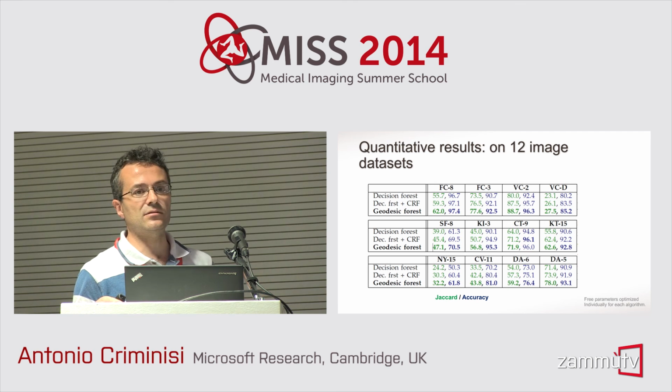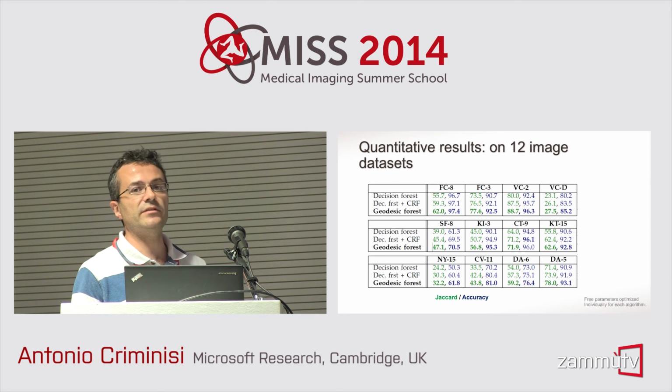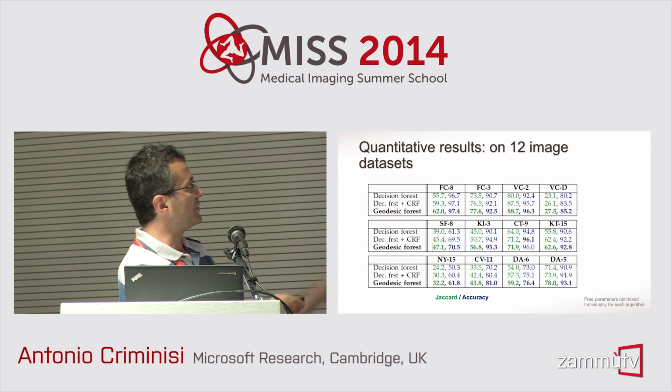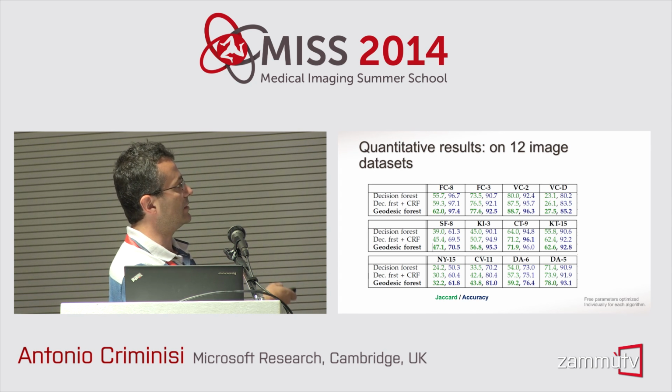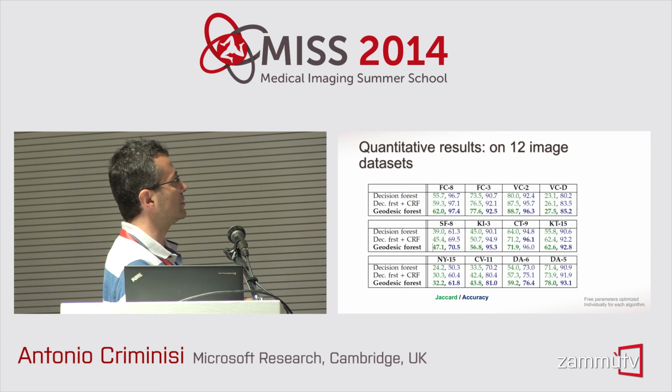The intersection over union is also called the Jacquard index in the medical community. It's much more sensitive, much harder to get to 90%. And so differences in these numbers are somewhat more representative. So I normally tend to look at the green column more than the blue column.